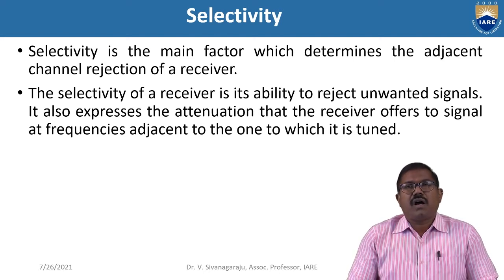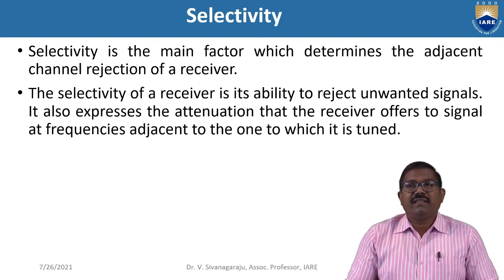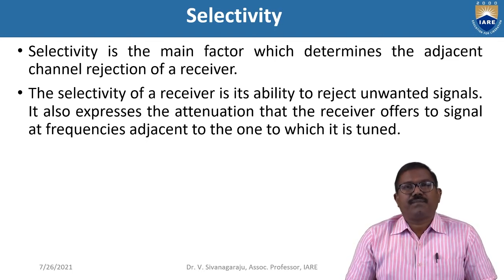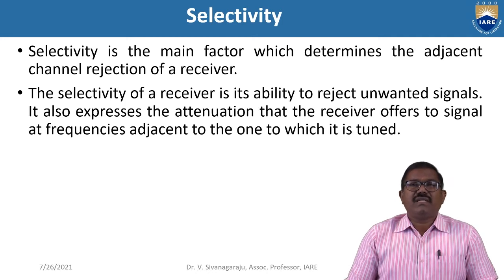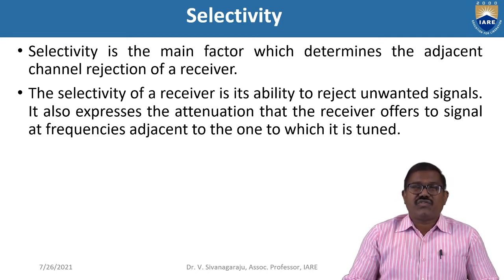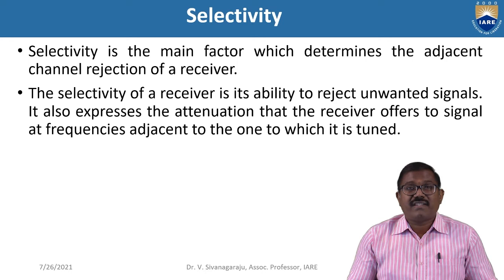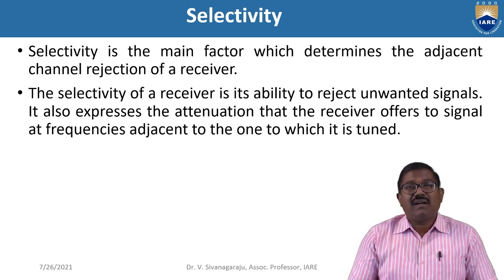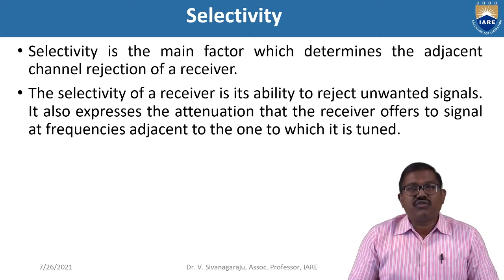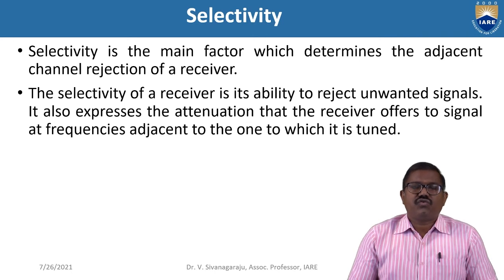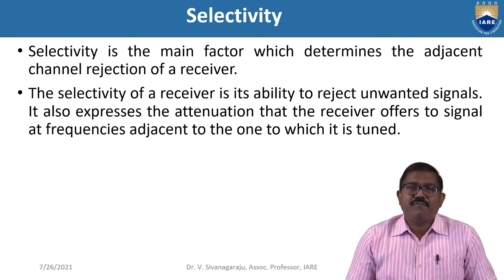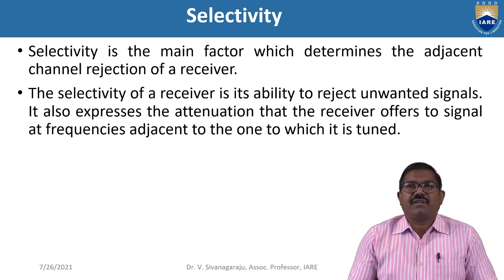Why? Because our receiver has a tuning range. In that tuning range, the desired signal is selected and the unwanted signals are rejected. That is the important ability of the receiver.